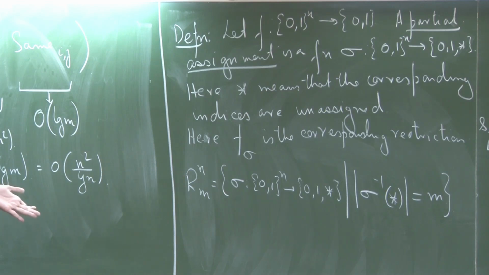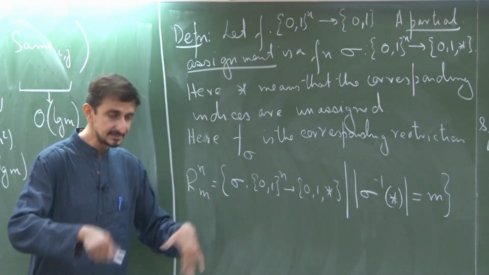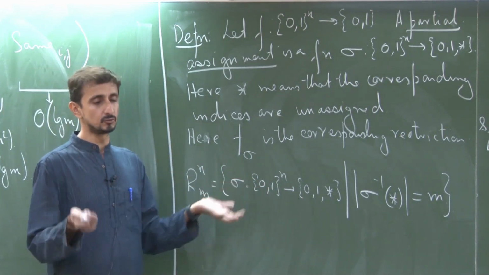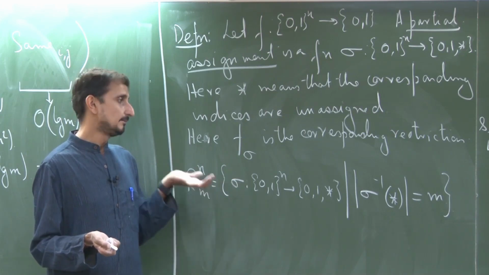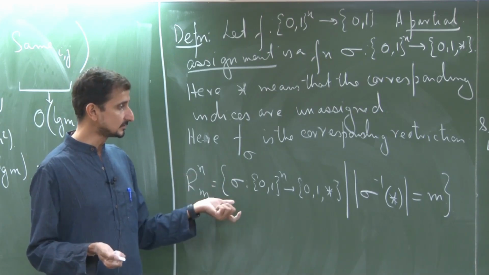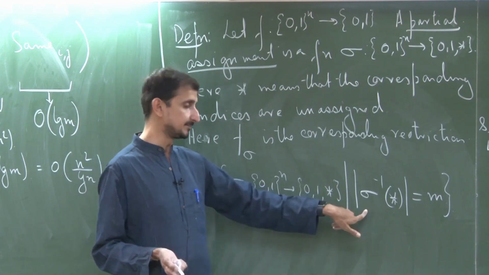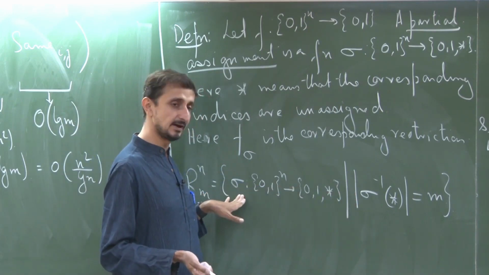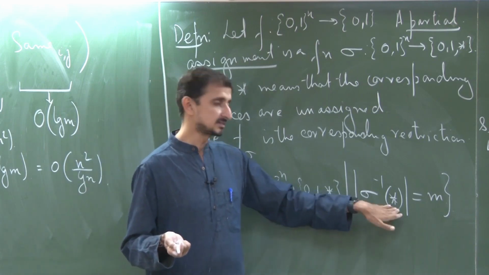There are n indices. What I am saying is that for a fixed sigma, it sends a fixed number of those indices to star.